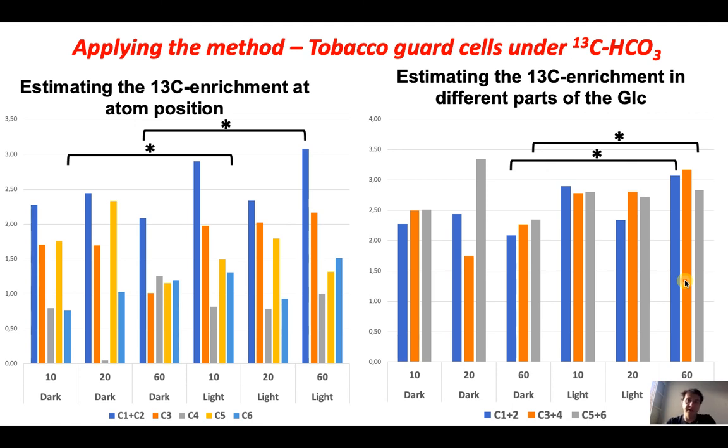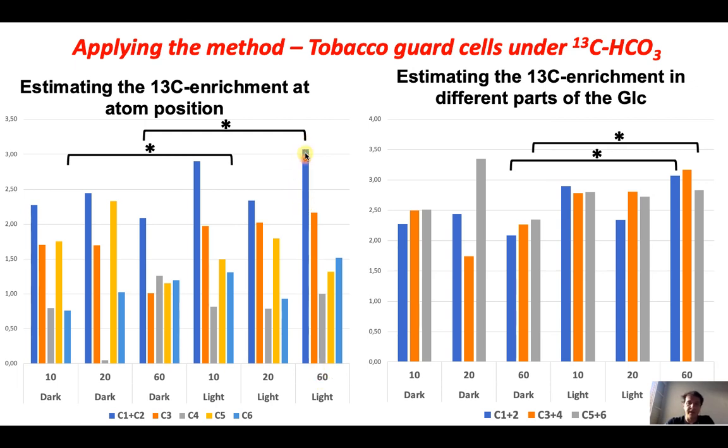This is not published yet. It's the data from Valeria that you also saw already. The interesting thing that we can see also is that carbons 1 and 2 are more enriched in the light. So here you have samples in the dark and samples in the light, harvested after 10, 20, and 60 minutes in the light.